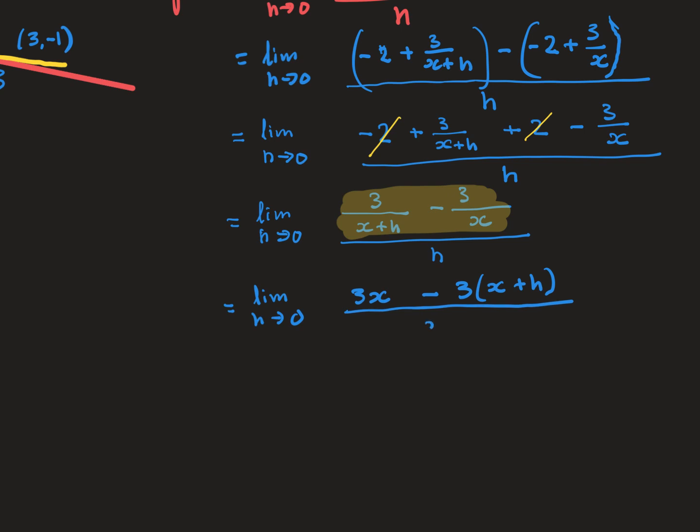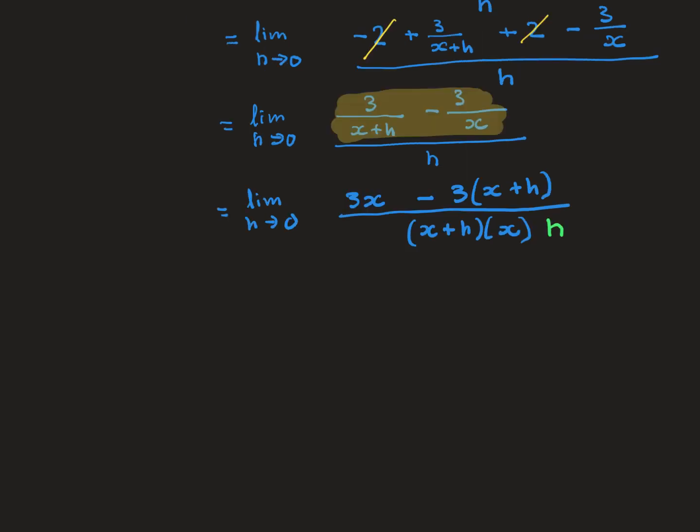Finally I just multiply the denominators together and I have x times x plus h. I want to also insert the h, and I can do that over here. So that's over h.